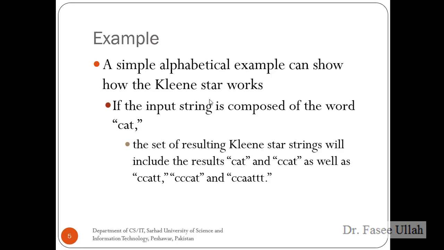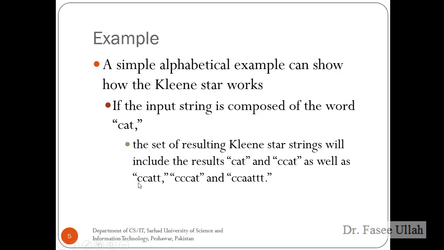We have a very basic example of the Kleene star, how we can extend a word. For example, we have a word or string, that is cat. If we apply the Kleene star, we can represent the word cat in very different combinations. Like we can design ccat, one of the possible solutions for the word cat.